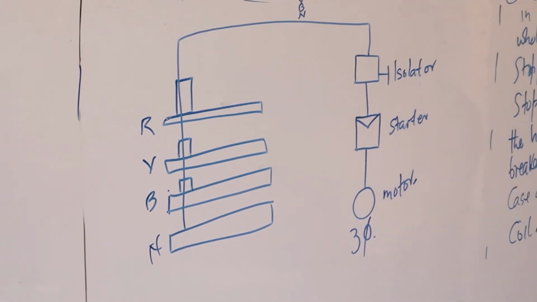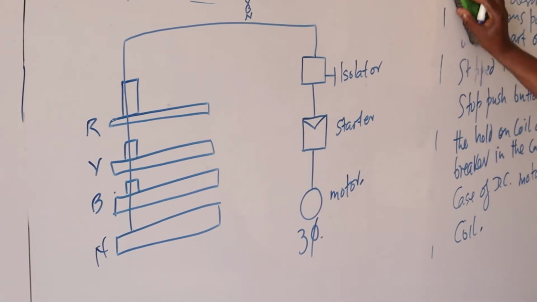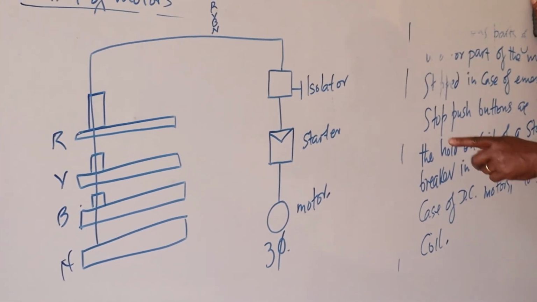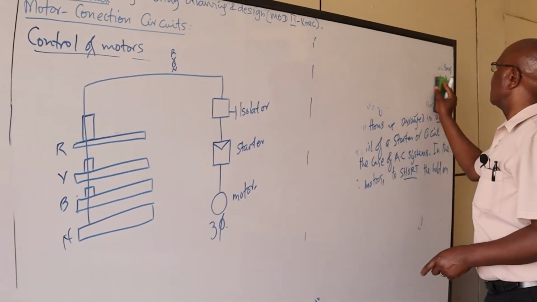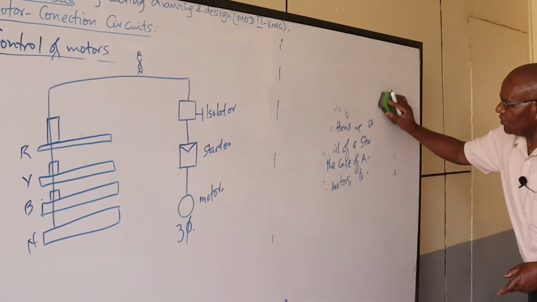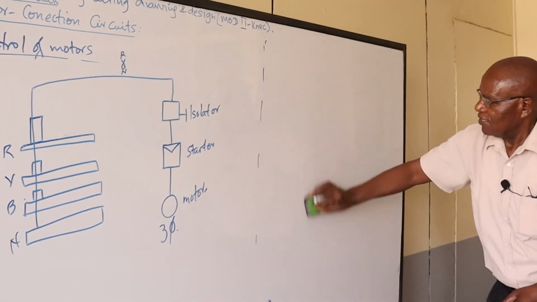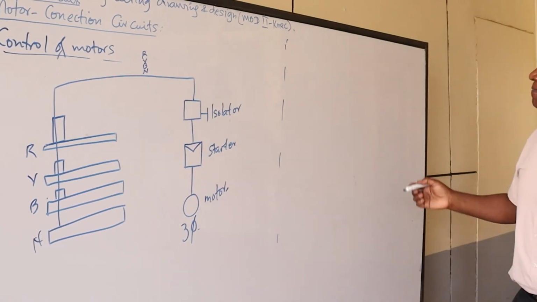Now the starters, there are various types depending on the motor. That one is the general symbol for the starter. Then we have various types of starters, and I'll give you some of the symbols of the starters that we shall be using.